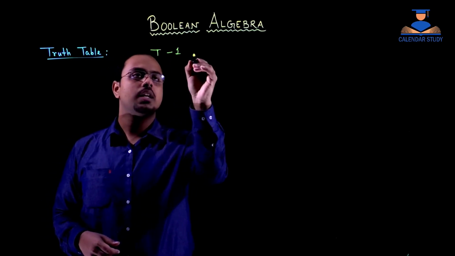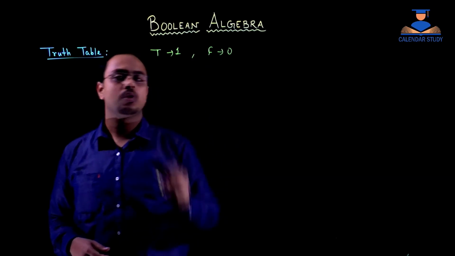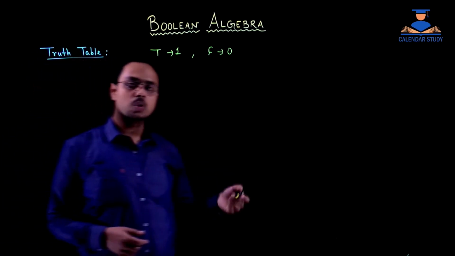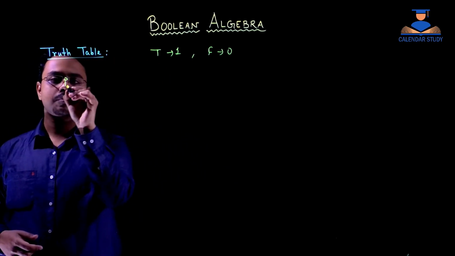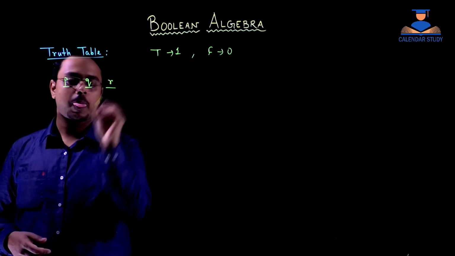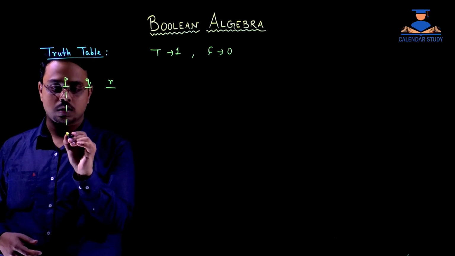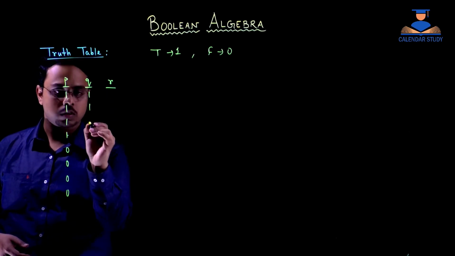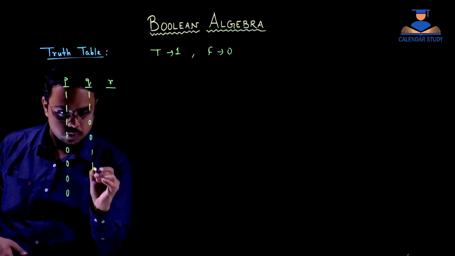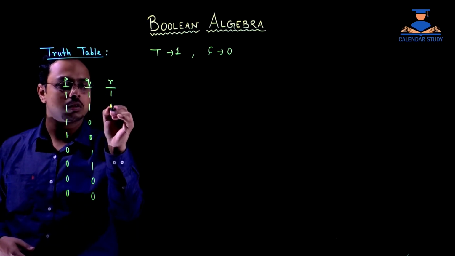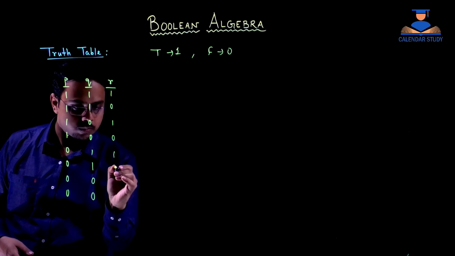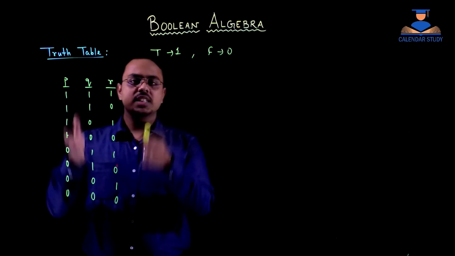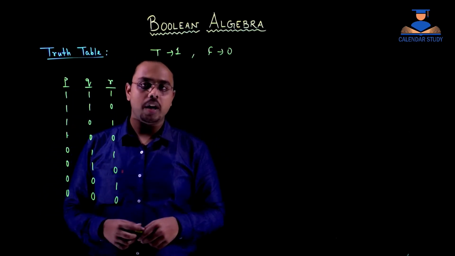Okay, so let us take three statements P, Q and R and let us plot its truth table. So this is the truth table for the three statements P, Q and R.